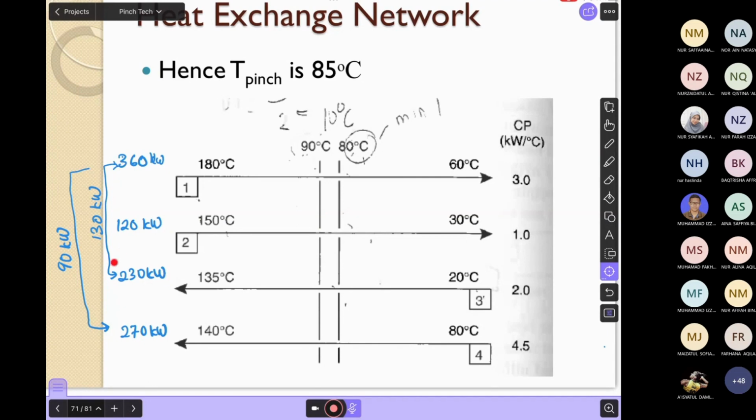If you integrate stream number 1 and stream number 3, you don't need to have a heater for stream number 3, because heat transfer from the hot stream is enough to make sure that stream number 3 reaches 135 degrees Celsius.